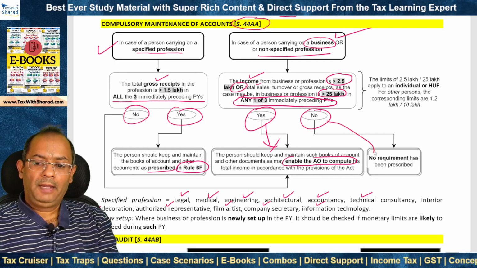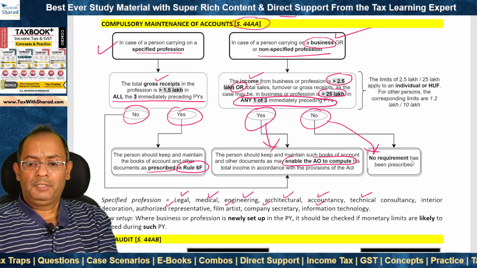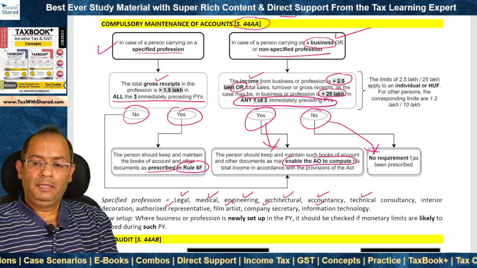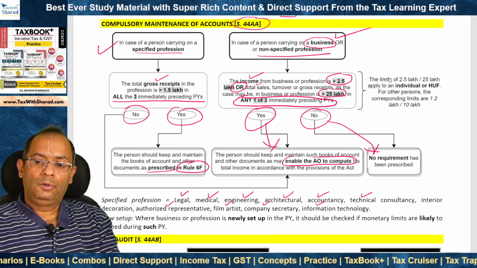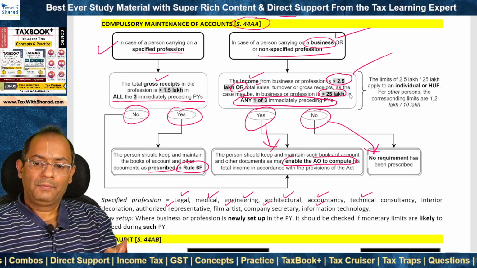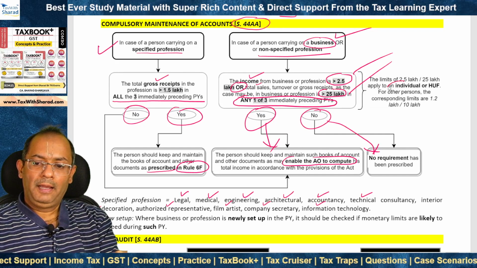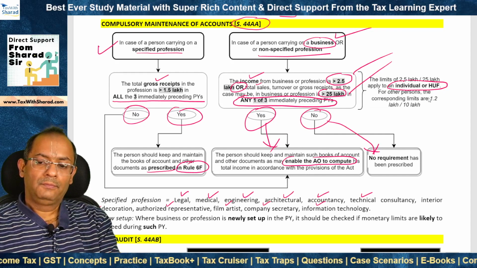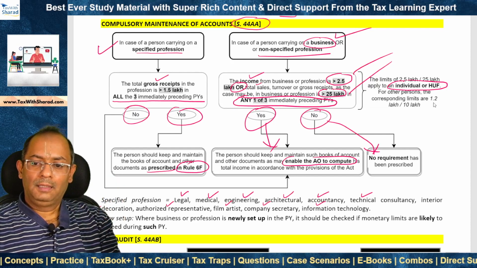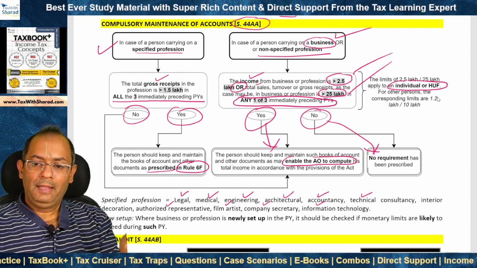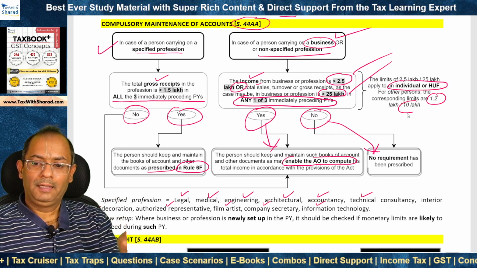If this is not satisfied, then there is no requirement which has been prescribed in respect of maintenance of accounts. Now we need to note that the limit of 2.5 lakh and 25 lakh apply to an individual or HUF. For other persons, the corresponding limits are, for 2.5 lakh it is 1.2 lakh and for 25 lakh it is 10 lakh.